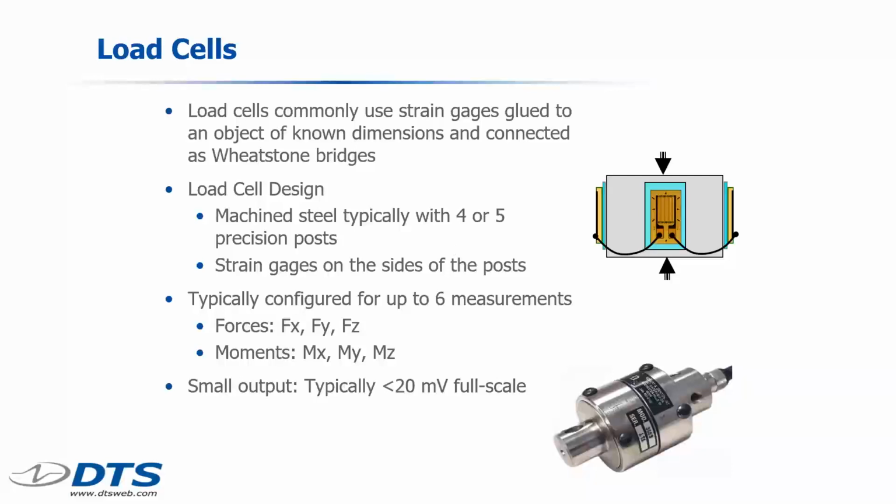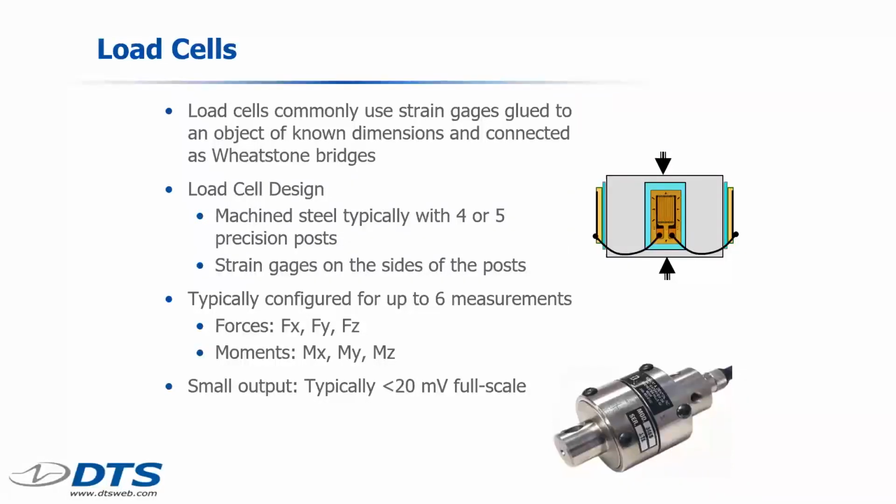This is the concept of piezoresistivity that we just talked about. And load cells commonly use several or many strain gauges glued to an object of known dimensions and connected as Wheatstone bridges. Typical load cells employ machined material posts with strain gauges on their sides.